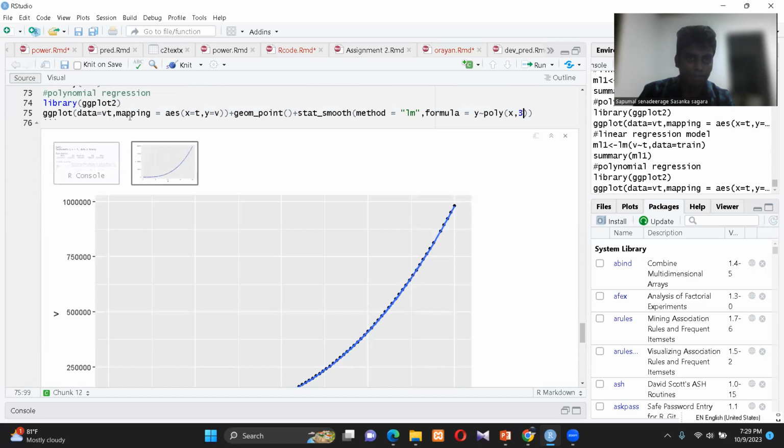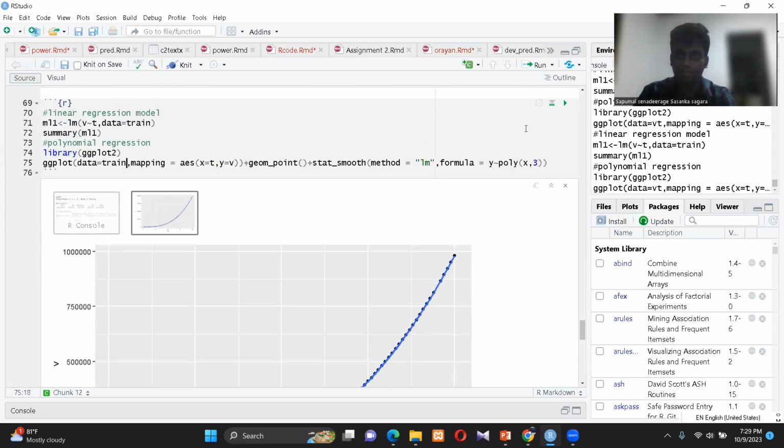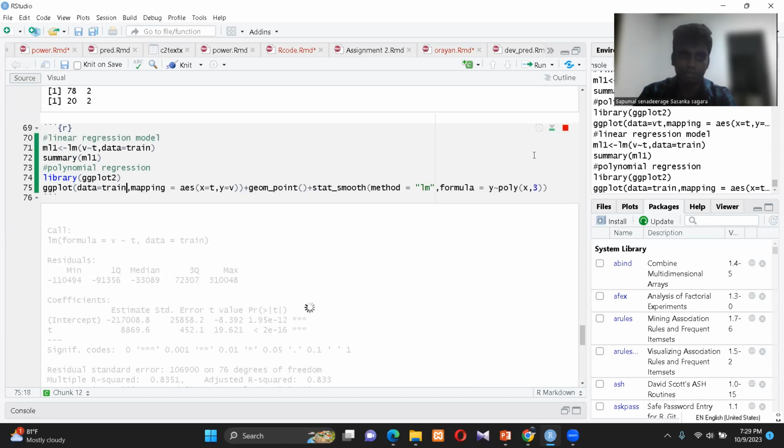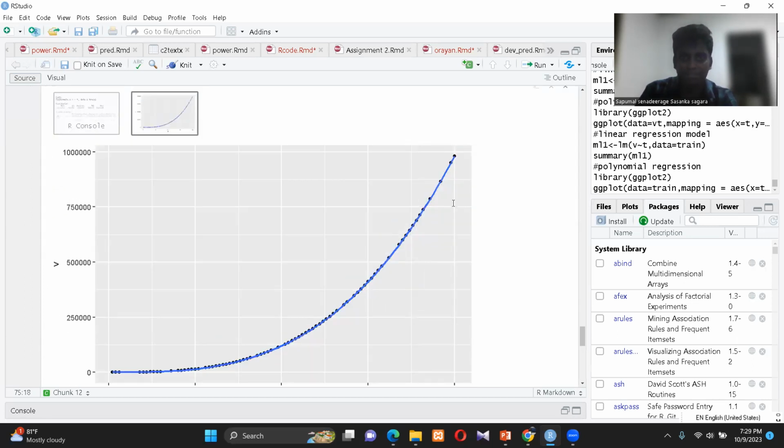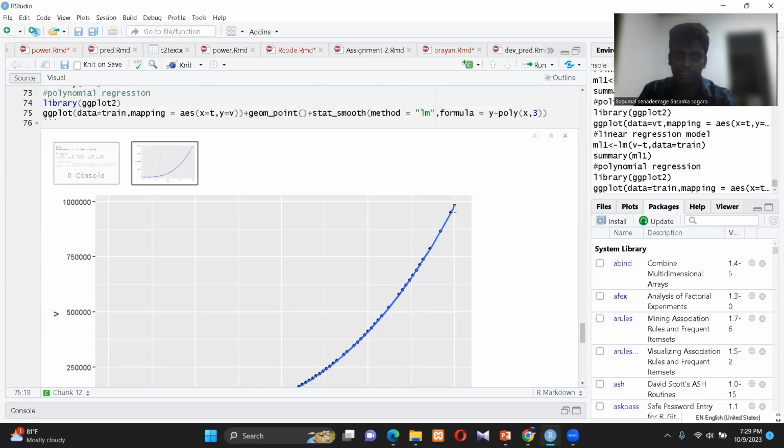So actually this is VD, so let me change it to train, because we are working with train. Now when we prepare the model, let's see how it will be changed. Still, it is not changed. It says exactly it is fitted with the degree polynomial function.